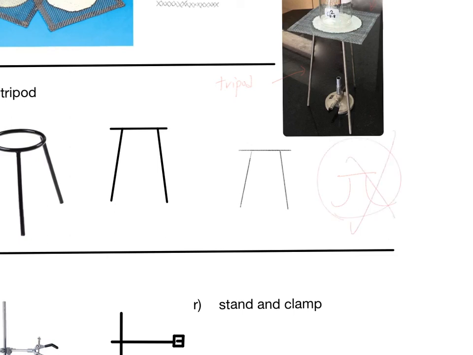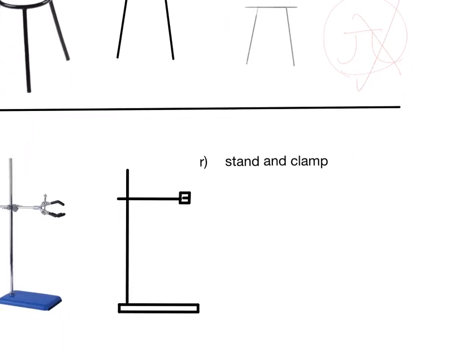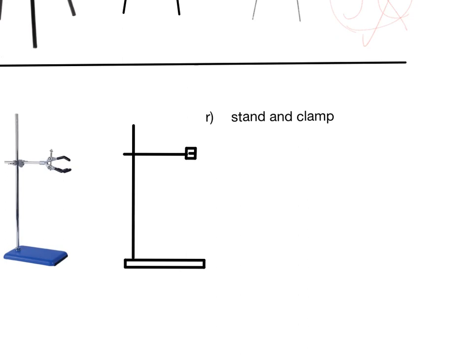Wrong. And then the last one, stand and clamp. The stand and clamp is the one usually used to clip, probably most of the time a thermometer. Stand and clamp is easier. Again, all of them are straight lines, depending on how the setup is. So it's not a very difficult one.